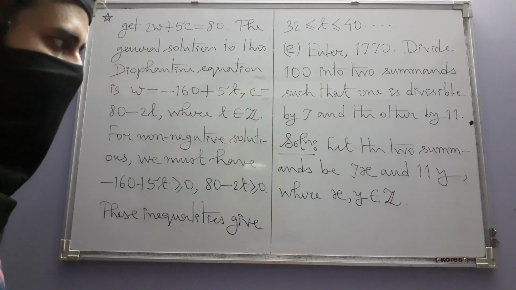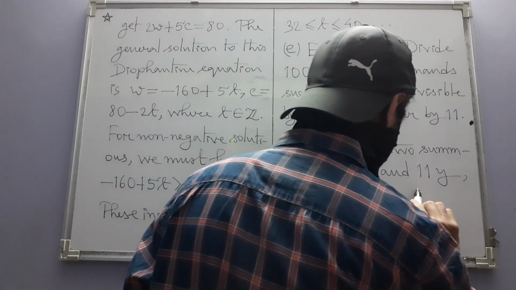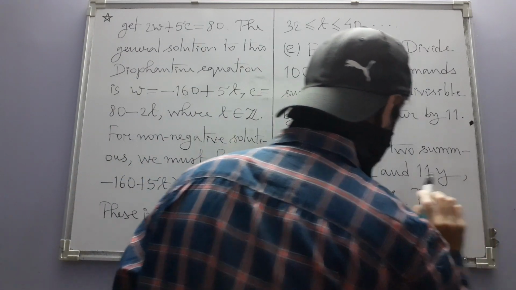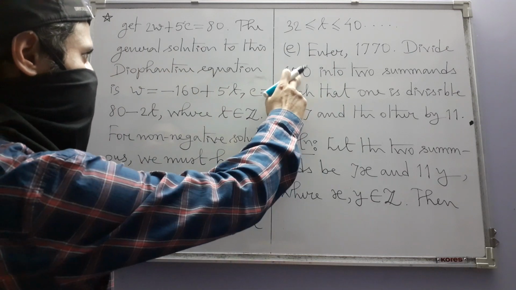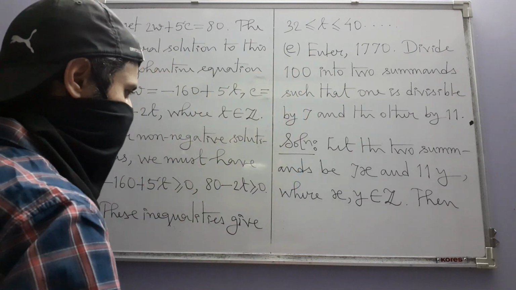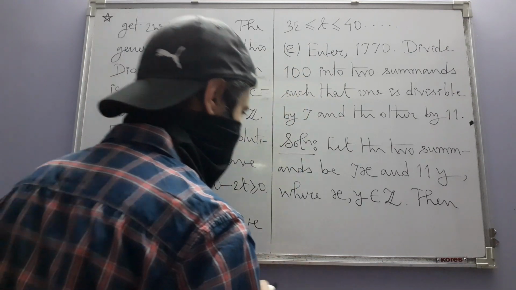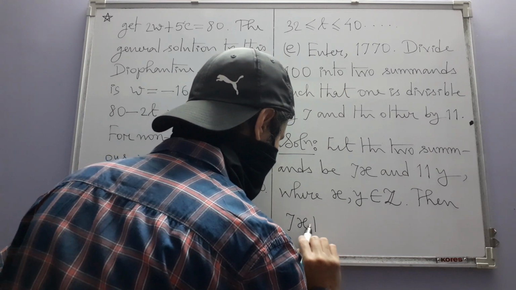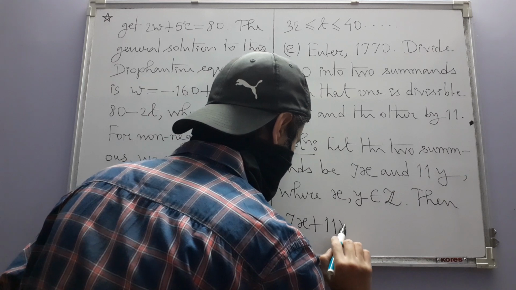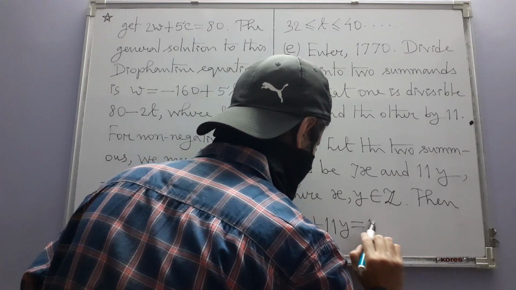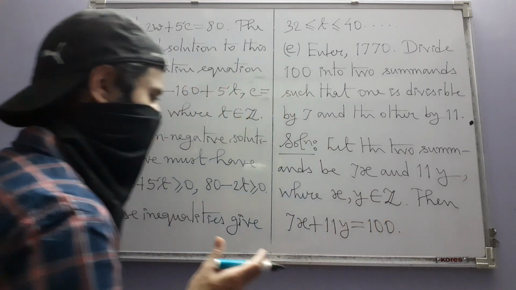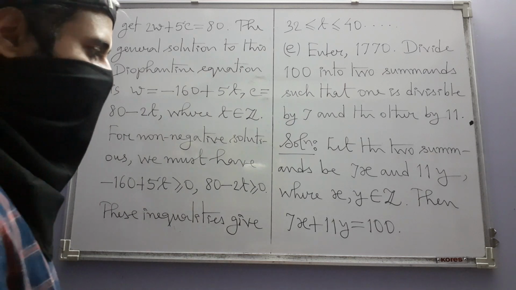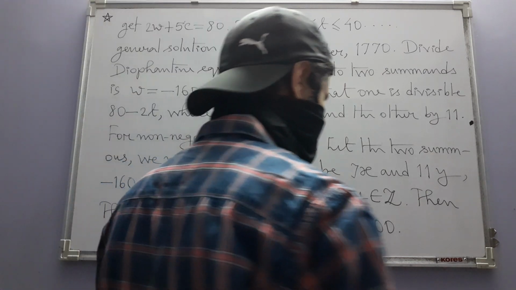They are coming from the set of integers. Then because they are summands which together give us 100, we are going to have 7x plus 11y equal to 100. So this becomes a Diophantine equation which now we have to solve.